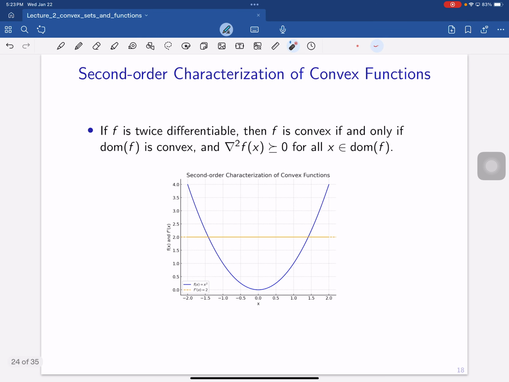Now, I want to spend some time on proving the second order condition, because that's slightly more interesting than the first order condition.